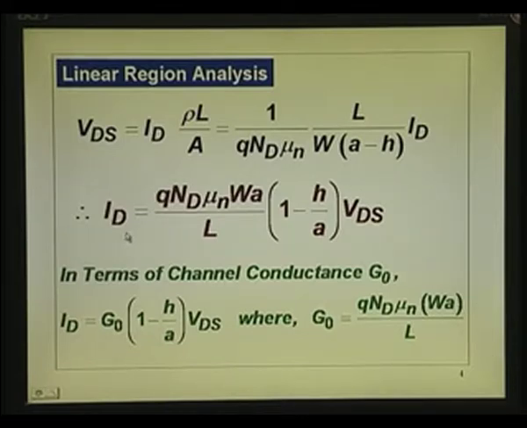So, you got the relationship between I D and V D S. Here all these are constants. A is a constant, once you decide the thickness of the P layer.